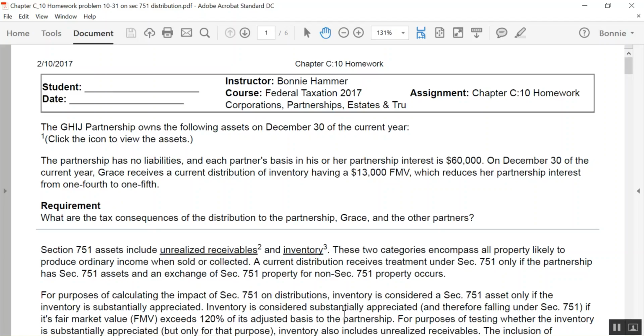Hey everybody, I'm walking you through problem 31 as promised. I started to do this earlier today and I got frustrated because I got to one of the last requirements in the problem, and frankly I got stuck.